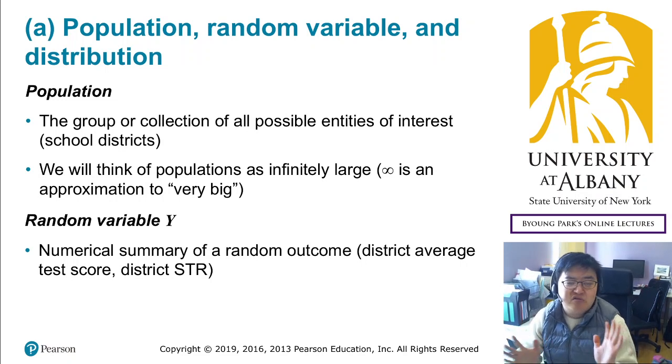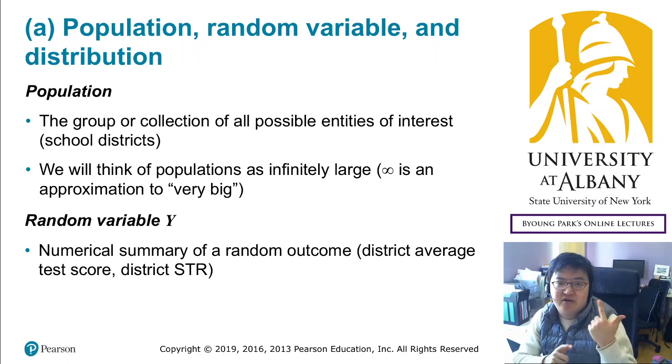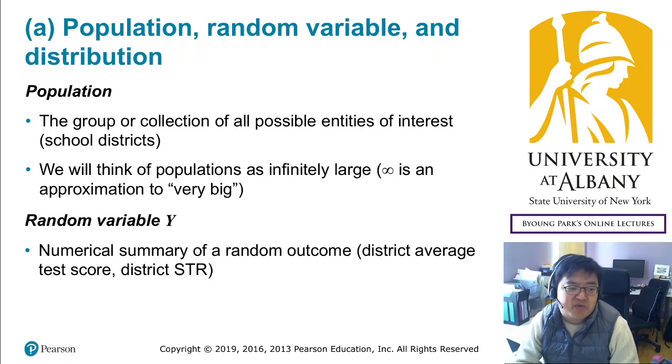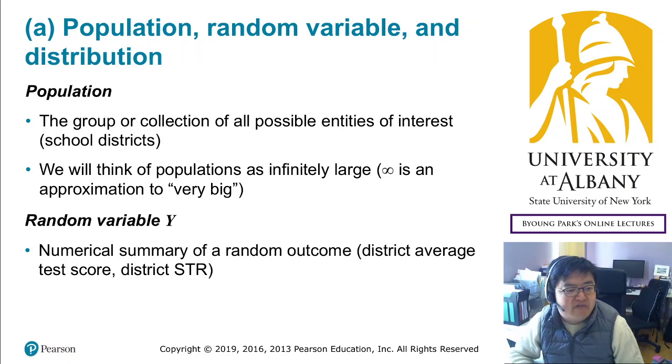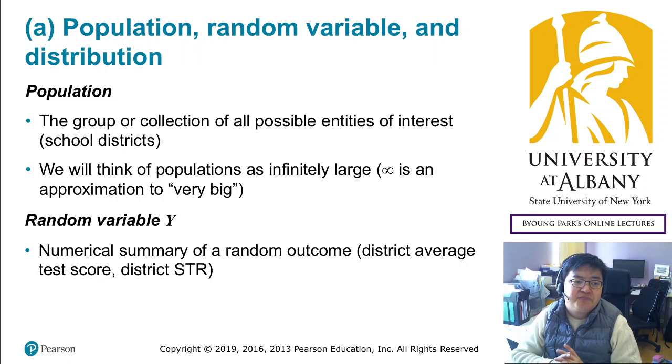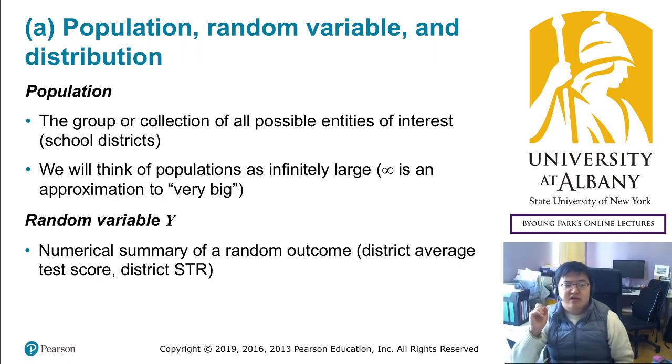You may use different measures, but anyhow, you have to have some numbers, typically one number that summarizes the outcome. Also, student to teacher ratio is another measure of class size. Whatever measures you use, you have to define them, and the numerical description of the outcome is a random variable.